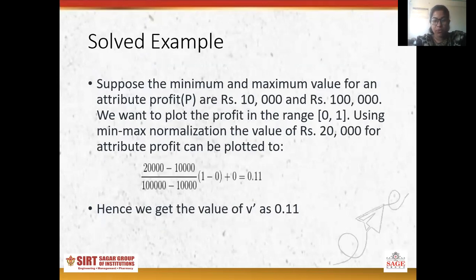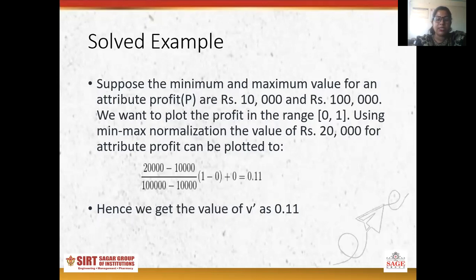Suppose the minimum and maximum values for an attribute profit P are 10,000 and 100,000. We want to plot the profit in the range 0 to 1.